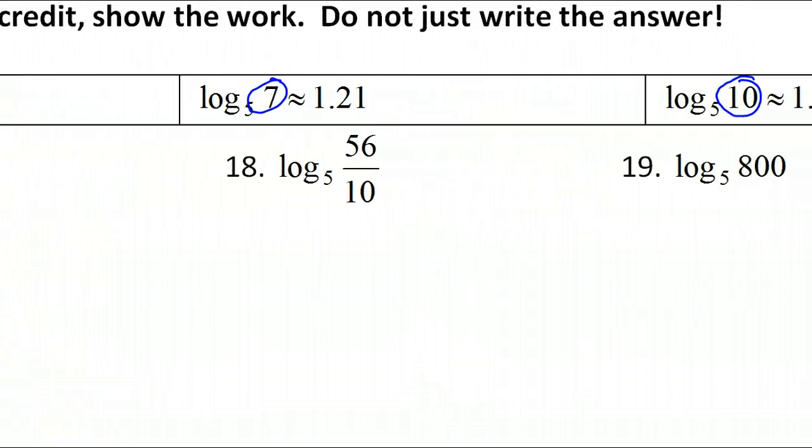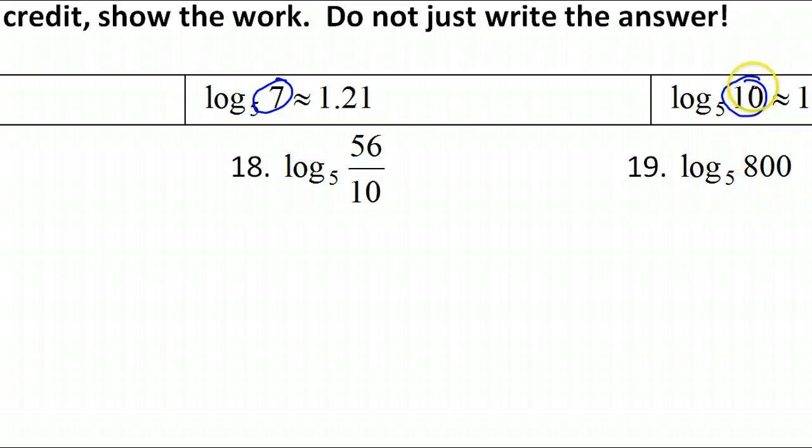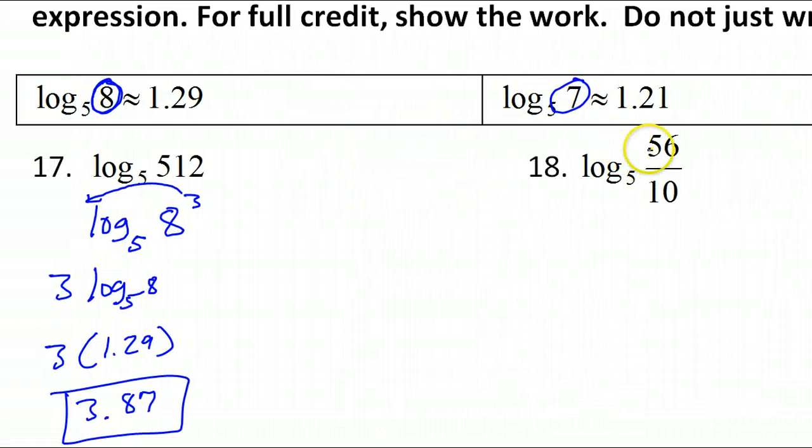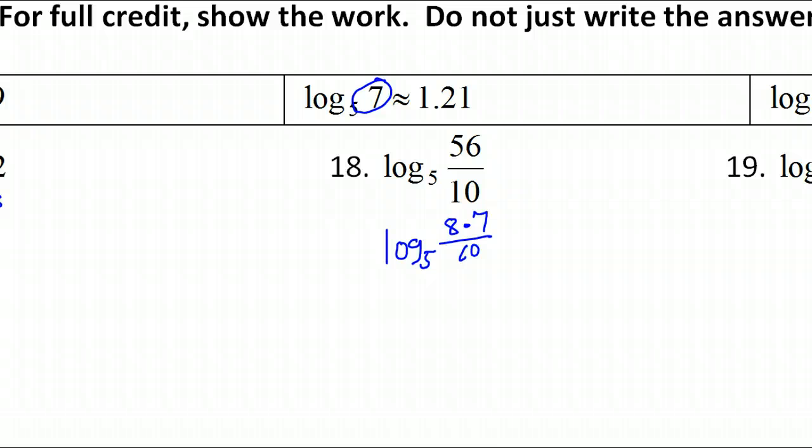Okay, number 18. 56 and 10. Now 10 is one of the ones that we wanted, so that's good. So we just need to deal with 56. Well, if you know your multiplication facts, when you look at 56, the first thing that pops in your head should be, oh, well, that's just 8 times 7. So this is log base 5 of 8 times 7 over 10. So there's all 3 of the things that we wanted, just like that. Now let's expand this.